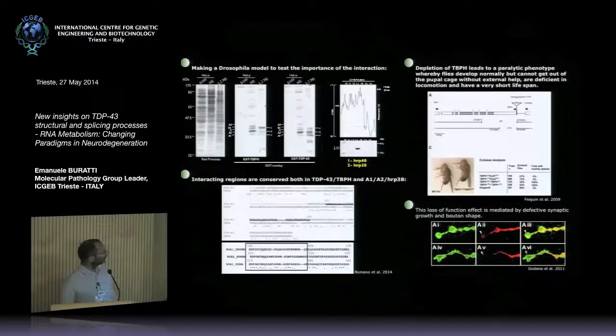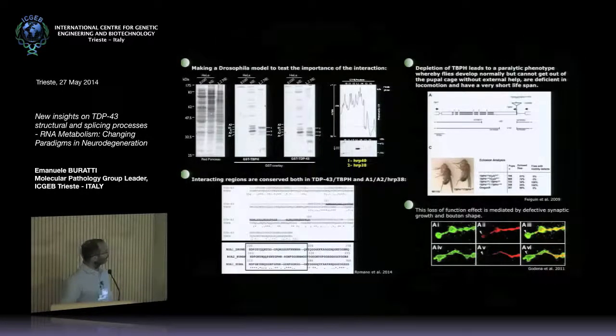Thanks to the work of Maurizio Romano in the lab, we managed to identify, using co-immunoprecipitation analysis, the regions involved in these cross interactions, and not very surprisingly, although the C-terminus of TDP-43 and TBPH is not that similar, the regions involved in these interactions have been completely conserved during evolution.